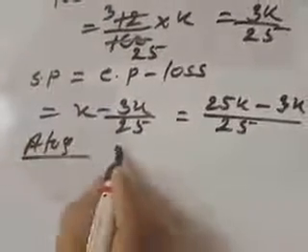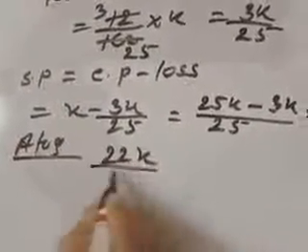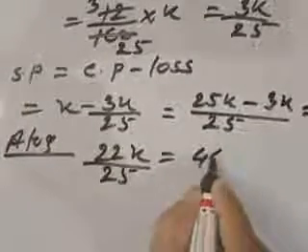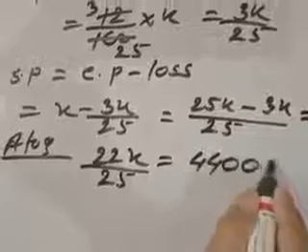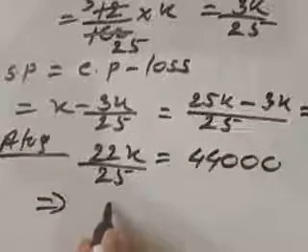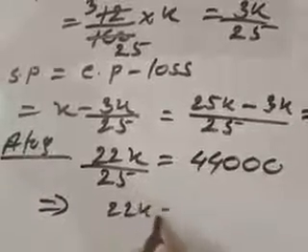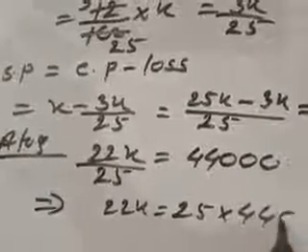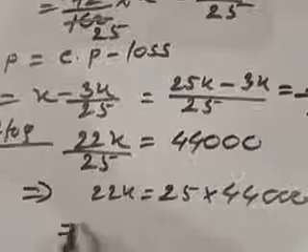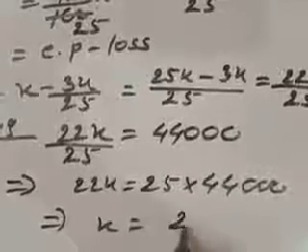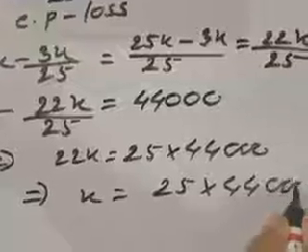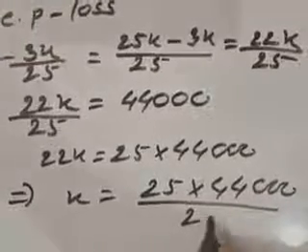According to the question, it is given that SP is equal to 44,000. So 22x by 25 is equal to 44,000. Cross multiply. 22x is equal to 25 into 44,000, or x is equal to 25 into 44,000 divided by 22.